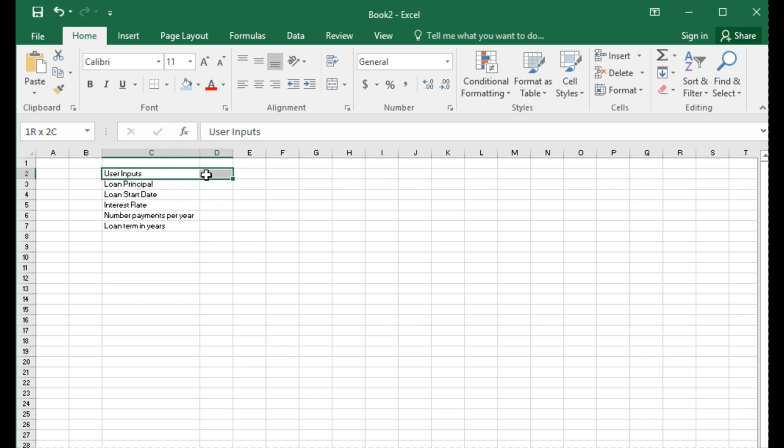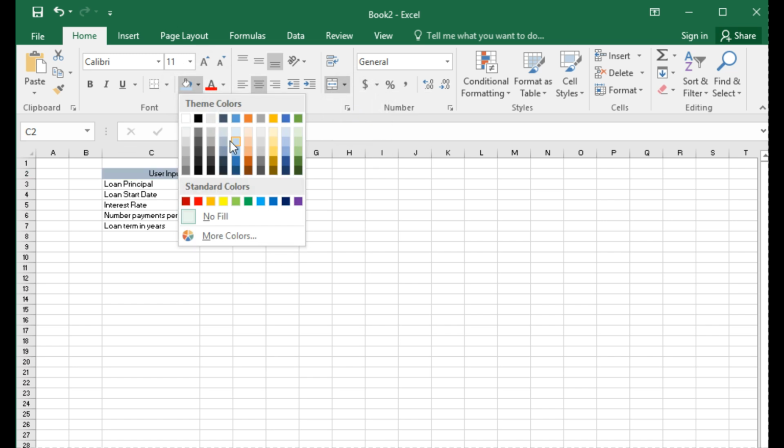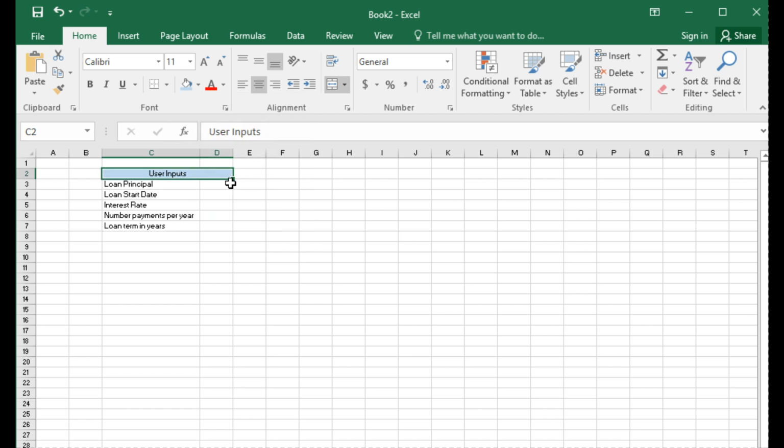And let's go ahead and make this look pretty. So I will be grading only on the functionality of this spreadsheet. So you don't have to make it really fancy, but it does have to work. Summary. And what we want to know is the payment.